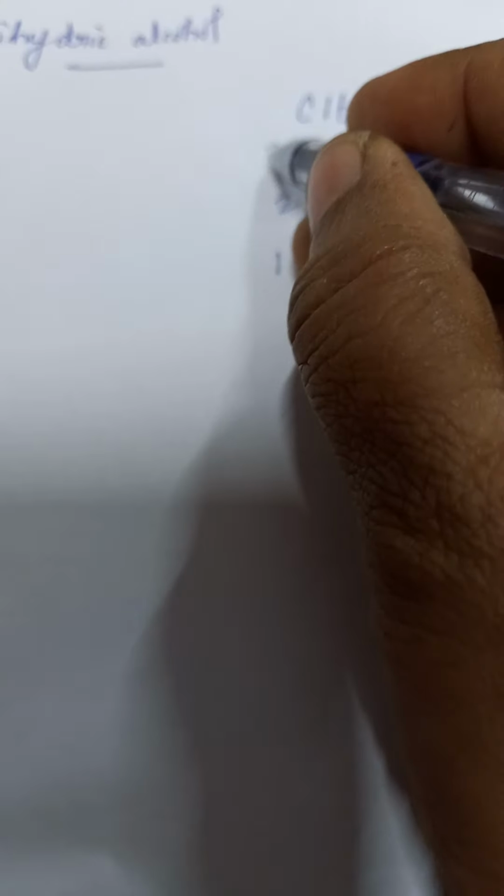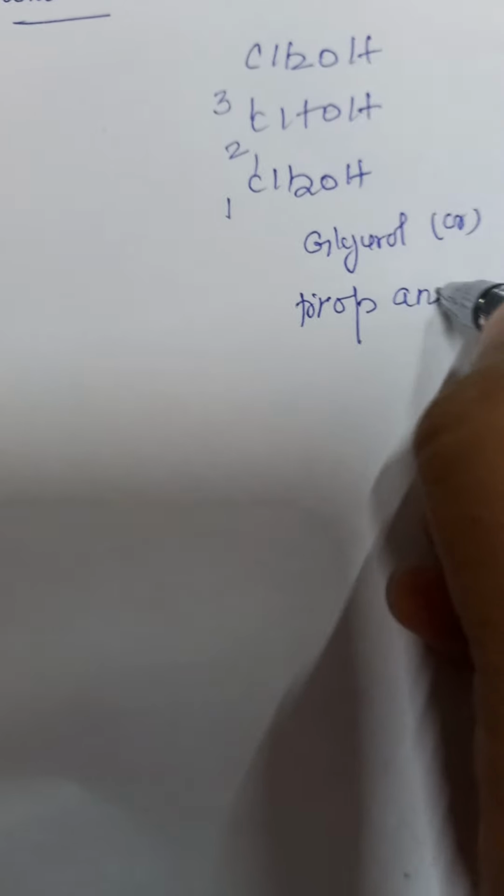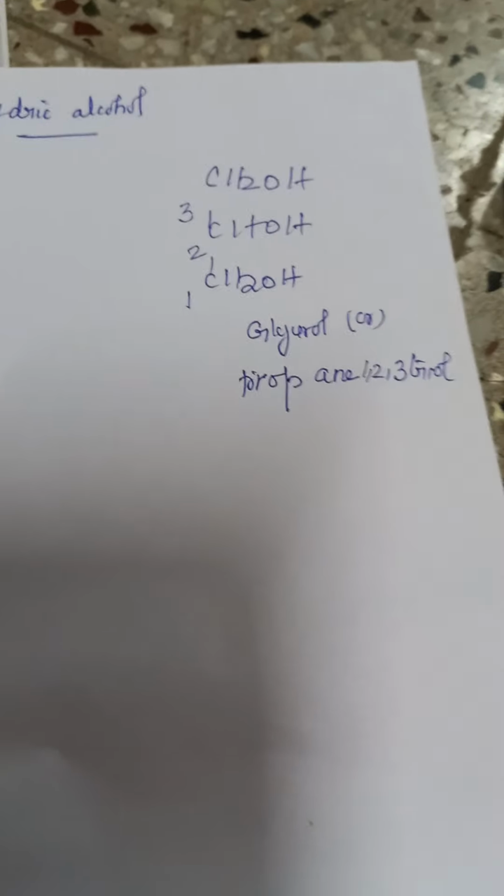First carbon, second carbon, third carbon: three carbons having OH groups. So prop-ane-1,2,3-triol. Propane-1,2,3-triol. This is trihydric alcohol. Now we are going to see the preparation.